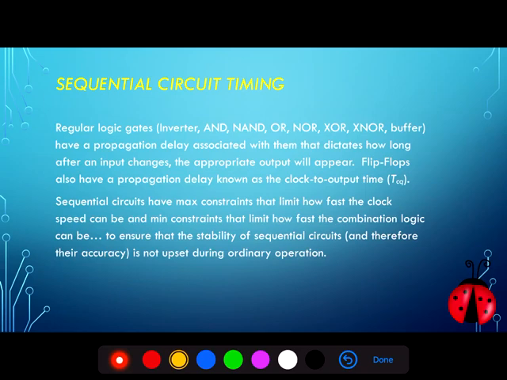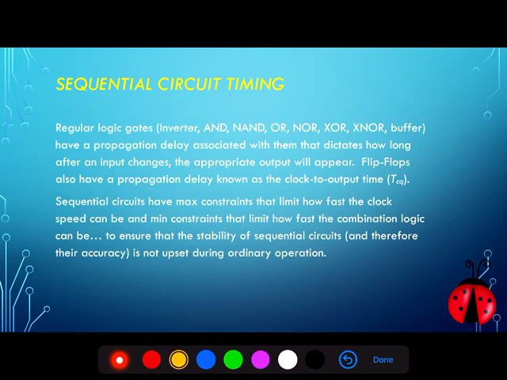So in sequential circuits, we've learned that with combinational logic, there are propagation delays for every gate that must be considered in figuring out the maximum or slowest possible pathways for signals to travel, as well as the minimum or the fastest pathways.